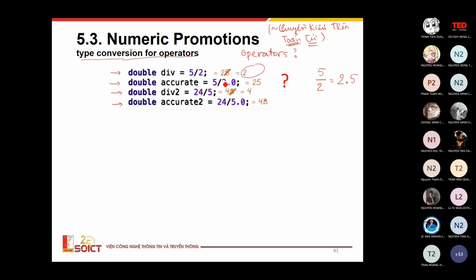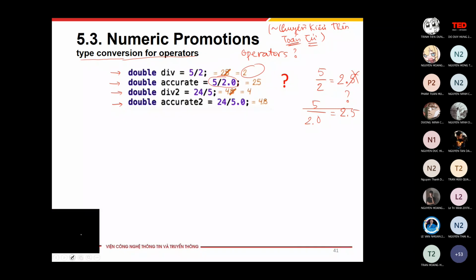Again, if you type it like this, 5 divided by 2.0, you will get 2.5. Okay. So what happened? This difference comes from the numeric promotion.